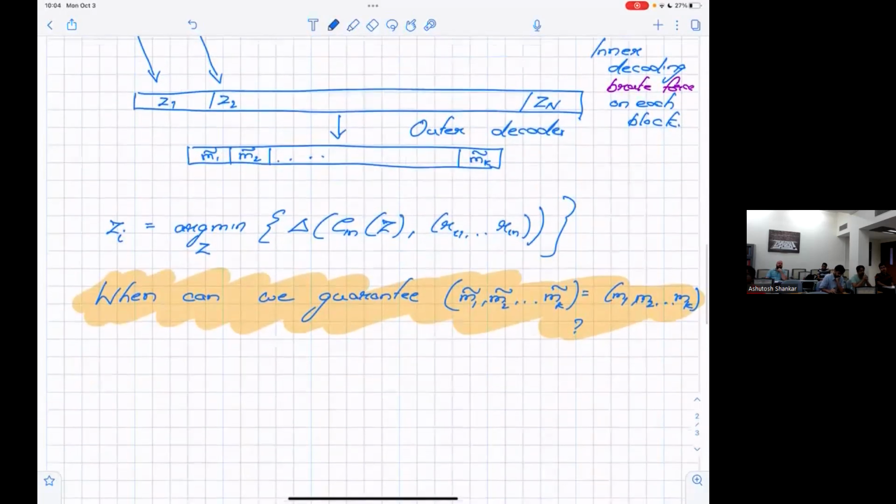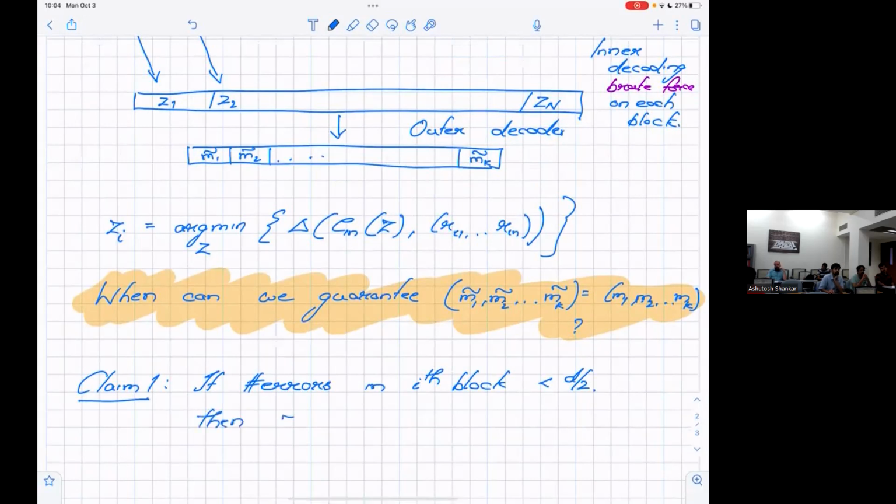So let's try to answer this question. We'll make a couple of very simple observations. If the number of errors in the ith block is less than d by 2, then what can you say? Inner decoding. Then you know that the decoded Zi is in fact equal to Yi.